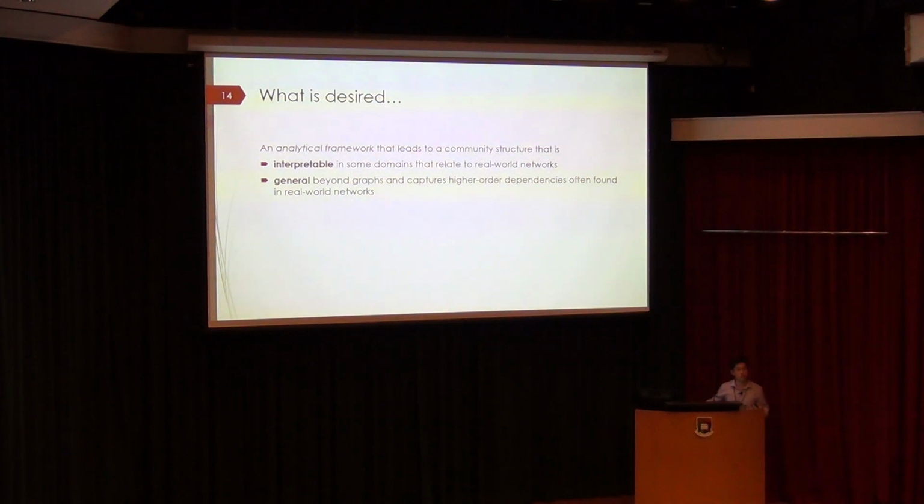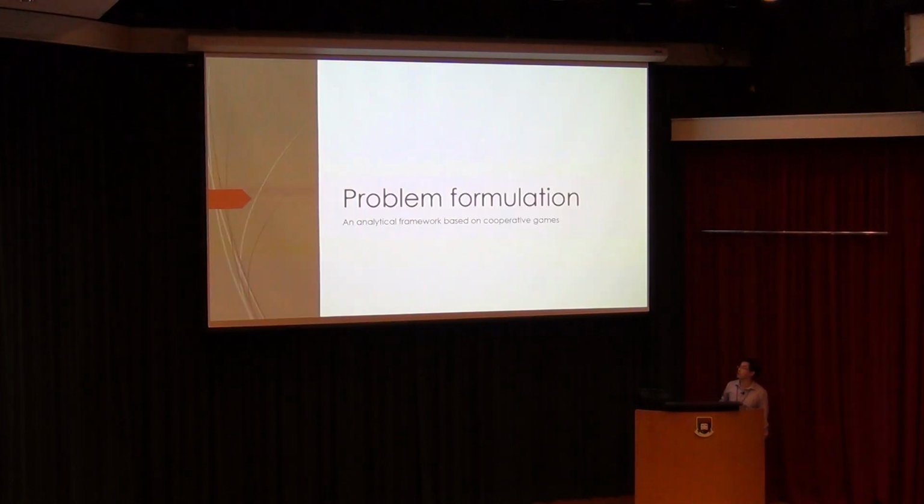Second one is it should be general beyond graph, so the concept should apply to real-world networks that have high-order dependency. Finally, we want polynomial time solvability right at the formulation, so not after approximation. So this makes the framework analyzable. Okay, so these are the three fundamental properties that we want to look for.